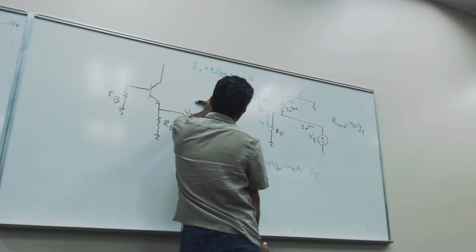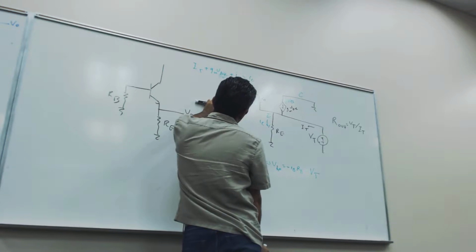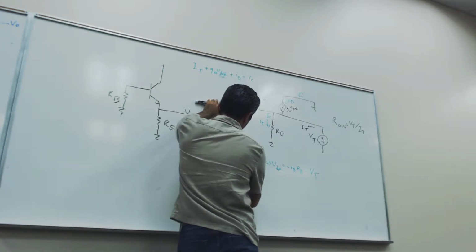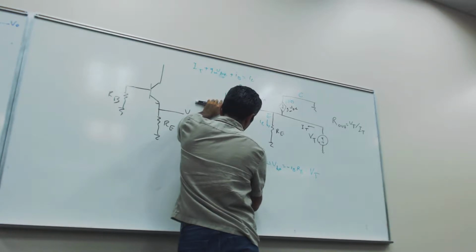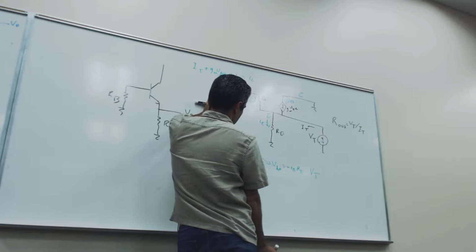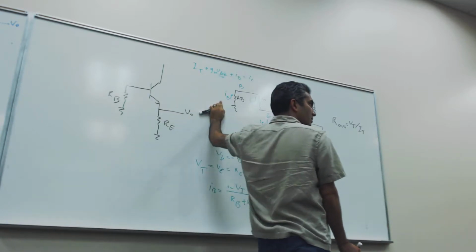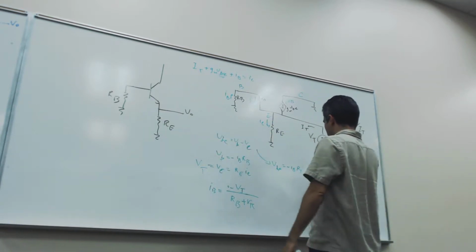No, VT over RB plus R pi. Okay, that's good. So 0 minus VT over RB plus R pi. Is that what you're saying? Okay. Good.